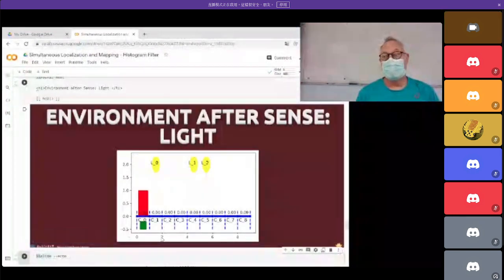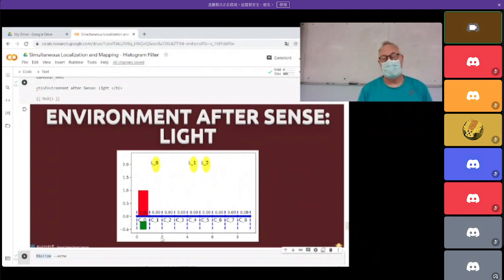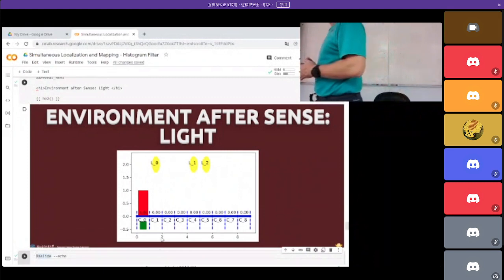Why not? Because the prior position probability multiplied by the light distribution probability will all come out to zero. Correct, yes. It's now completely sure that it's at C0, right?